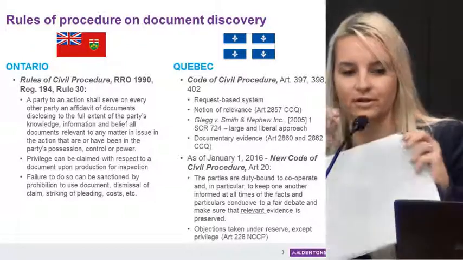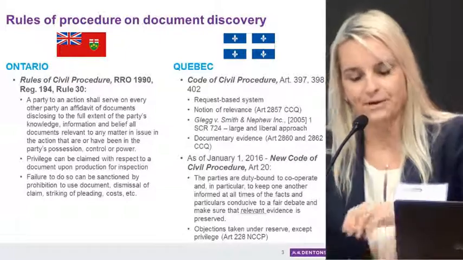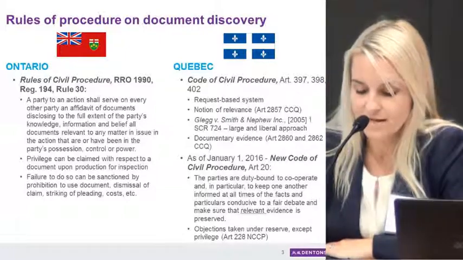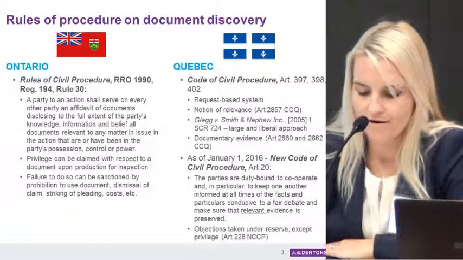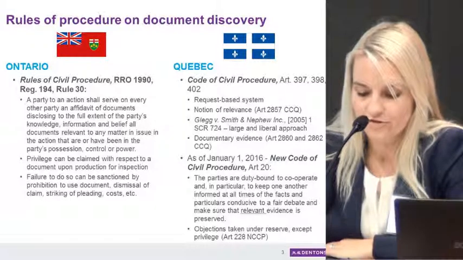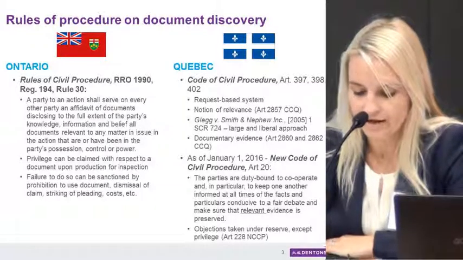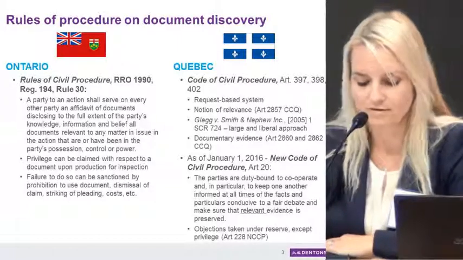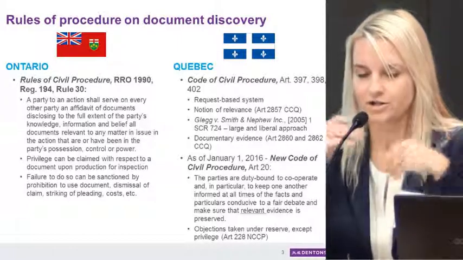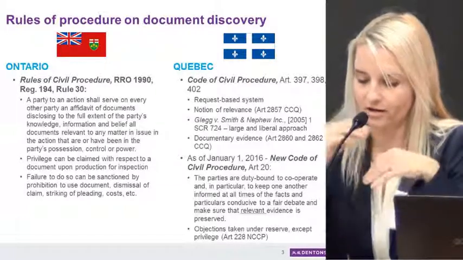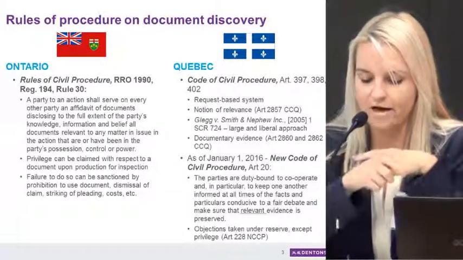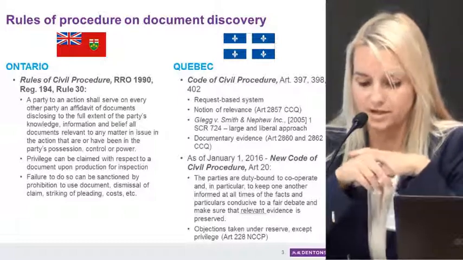Under Ontario rules, Rule 30 states that you have to serve on every other party an affidavit of documents disclosing the full extent of your knowledge of all documents and information you have relevant to the litigation matter.